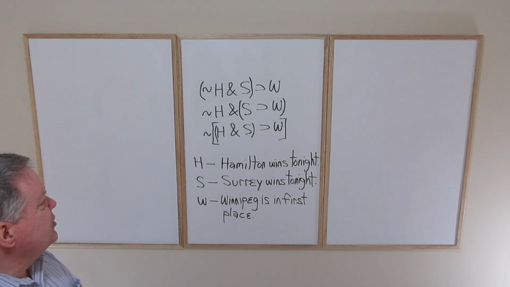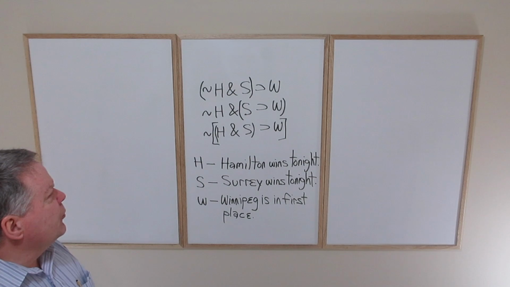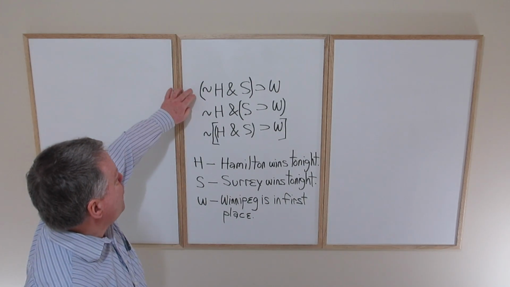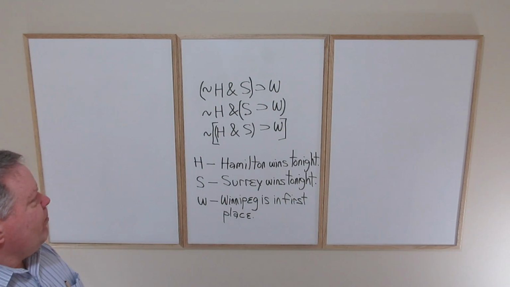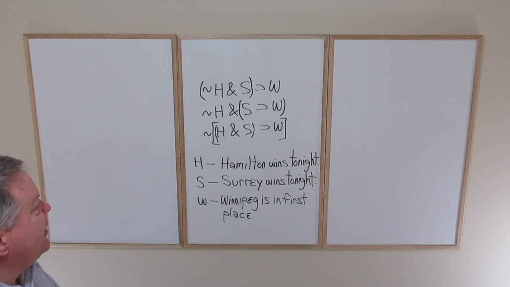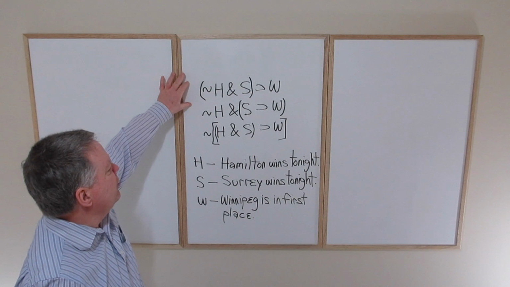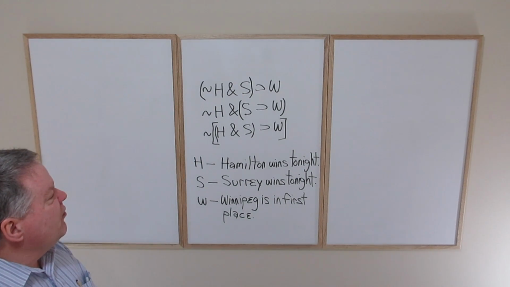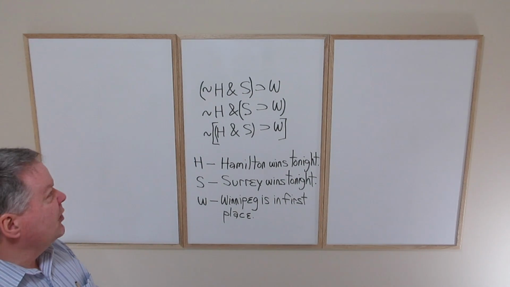Might be a situation where Hamilton and Surrey are playing. Hamilton could possibly go ahead of Winnipeg and be in first place if they were to win, but if they don't win, then Winnipeg will remain in first place.